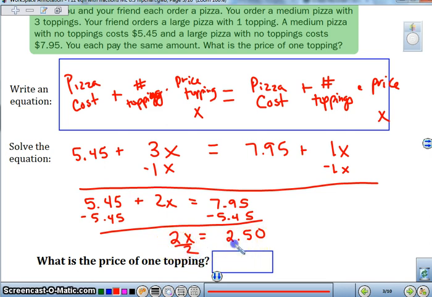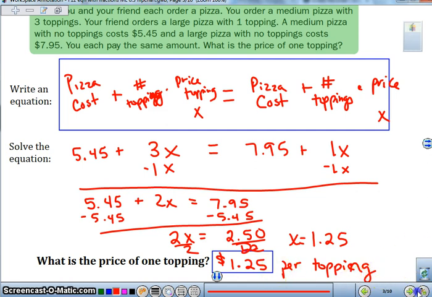We're going to divide both sides by 2, and X, the cost of 1 topping, is 1.25. To answer our question, it was $1.25 per topping. So if you ever go to Spicy Pie or some other restaurants, what you're looking at is how much it is per topping.